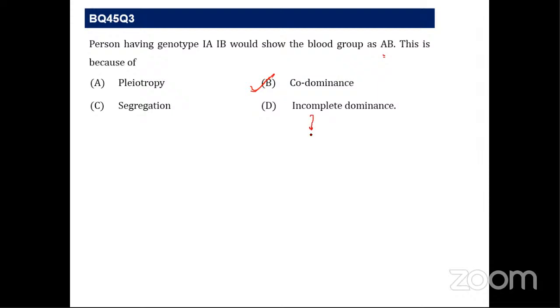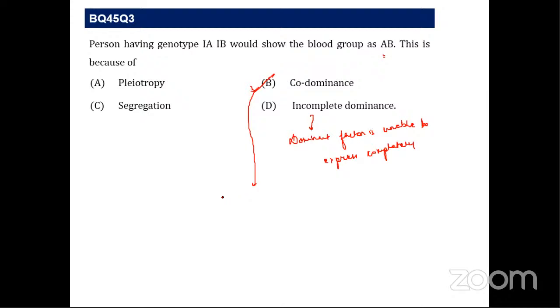In case of incomplete dominance, the dominant factor is not able to express completely, right? The dominant factor is unable to express completely. That is what happens in case of incomplete dominance. But in case of codominance, what is happening?